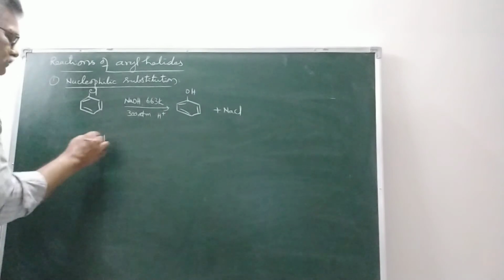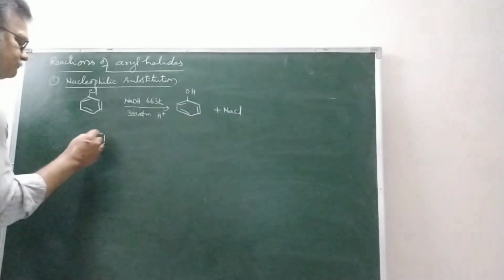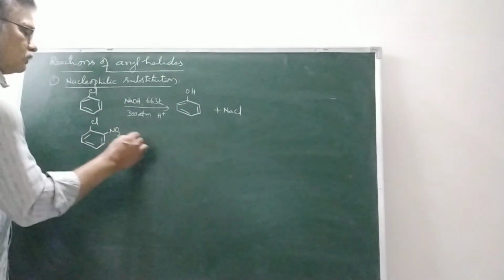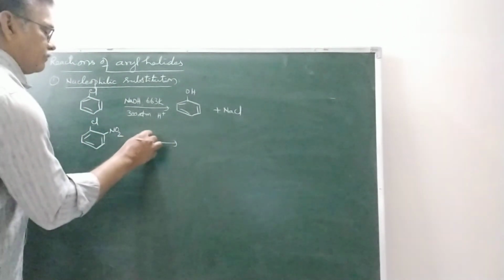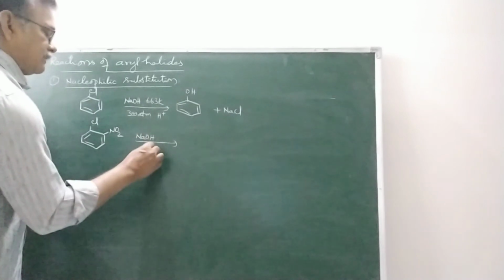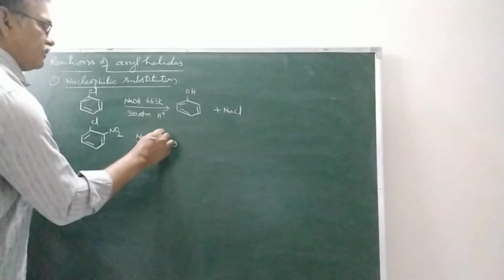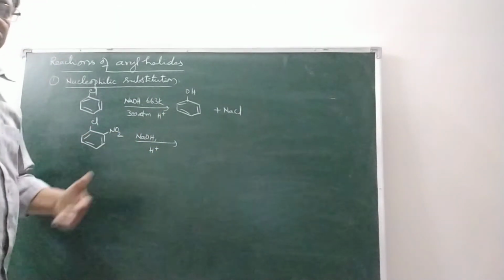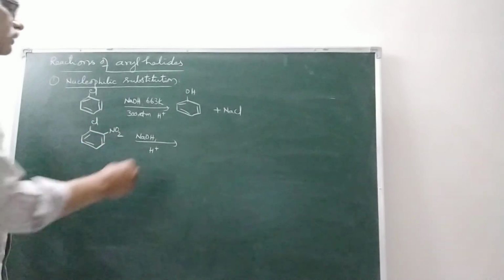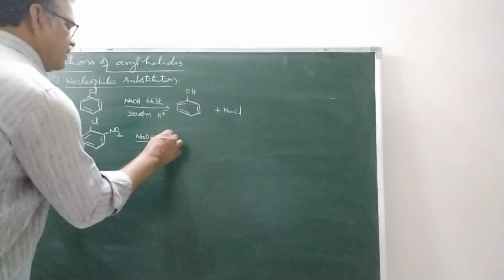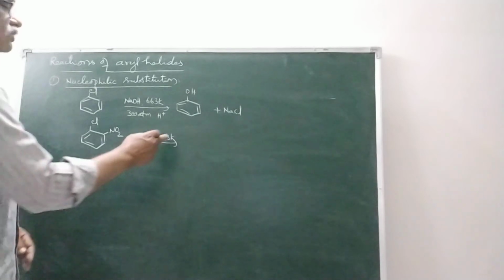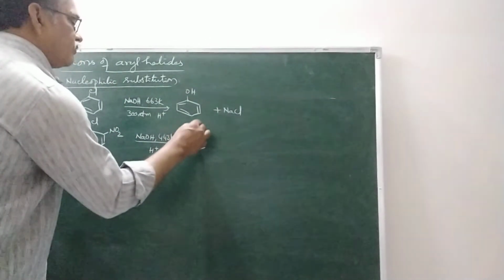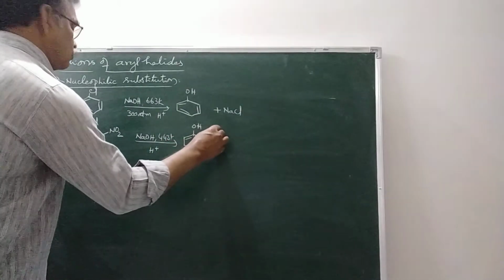If we take Cl with NO2, in presence of the same NaOH and the same H plus, here less temperature is required to prepare this one, around 443 K. So here we get C6H4OH NO2.